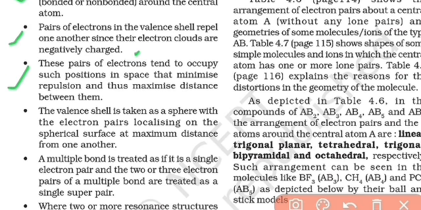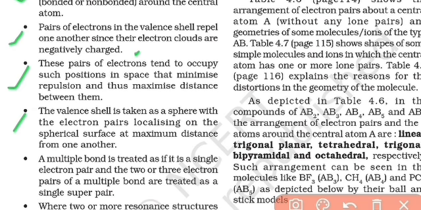Third, these pairs of electrons tend to occupy such positions in space that minimize repulsion and thus maximize distance between them. When electron clouds repel each other, they move away from each other and acquire that position in space where they feel minimum repulsive force, and in this case the molecule becomes stable.